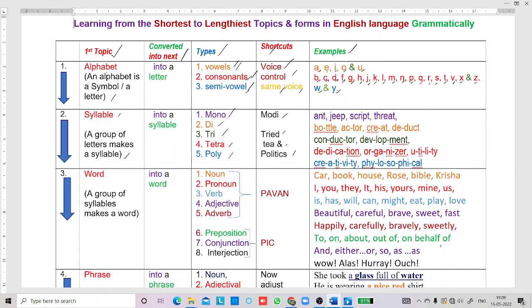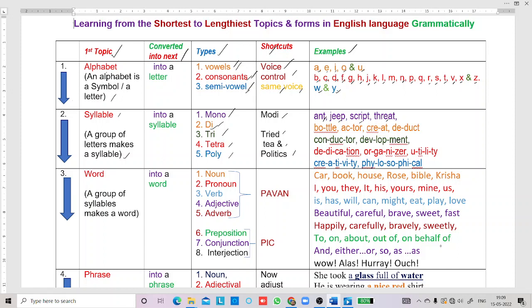Now let's see: ant, jeep, script, threat. For all these four words, I have adjusted my mouth organs to release or pronounce just one time. So that's called monosyllable.